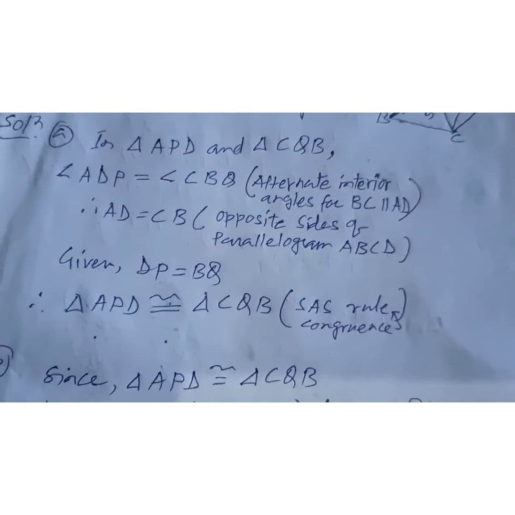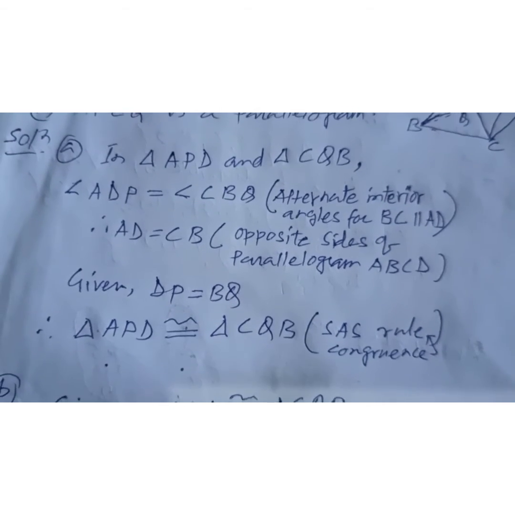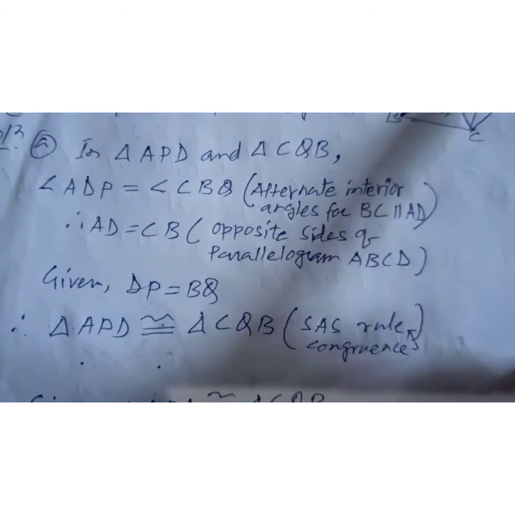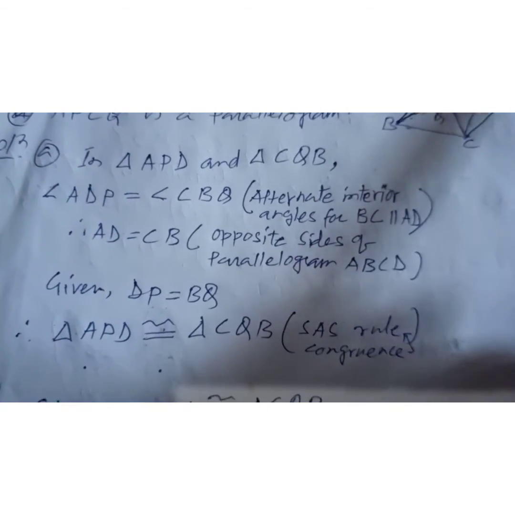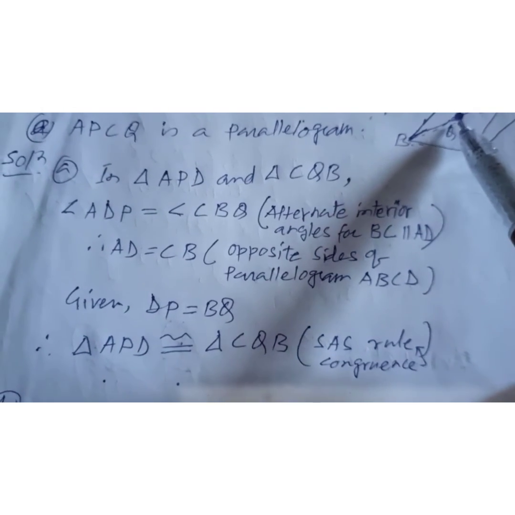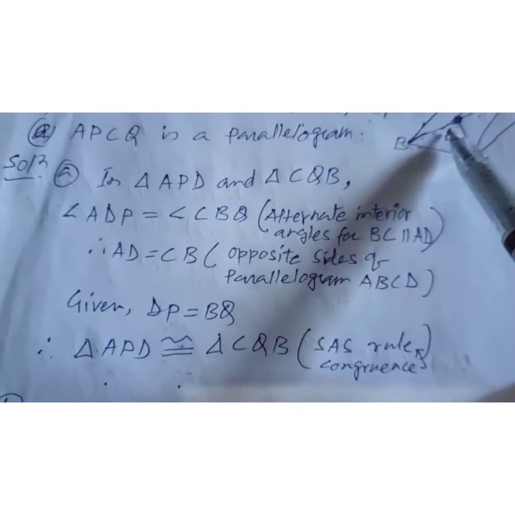Now from triangle ADP, write APD, and the other one, CQB.